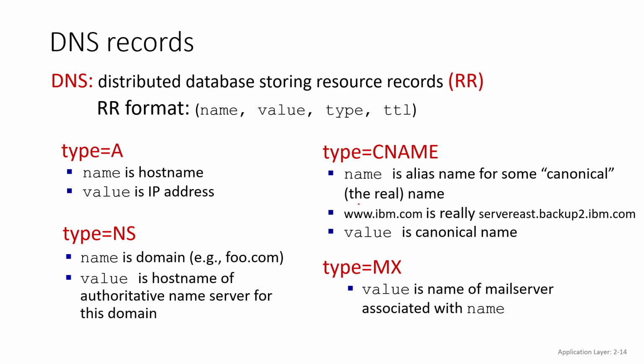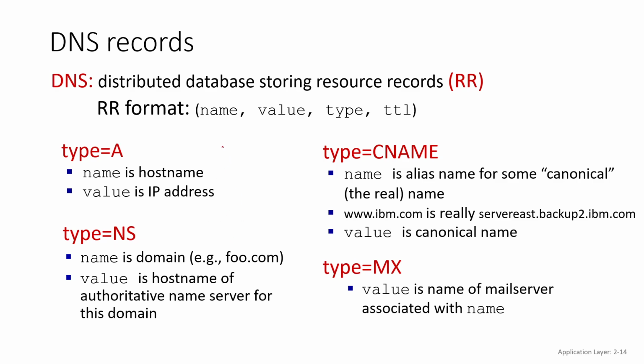Remember that we are saying that the domain name system is a database. A database is a collection of entries. So you have an index column, or a primary key column, that describes the other columns, right?